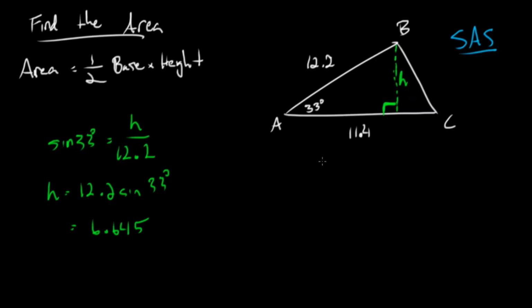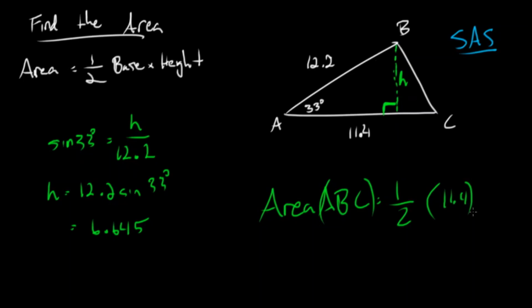All right, and now I have everything I need to find the area of this triangle. I have the base, I have the height, and I have 1/2. The area of triangle ABC is 1/2, base 11.4, and height, we just established, 6.645, rounded to the closest thousandth place.